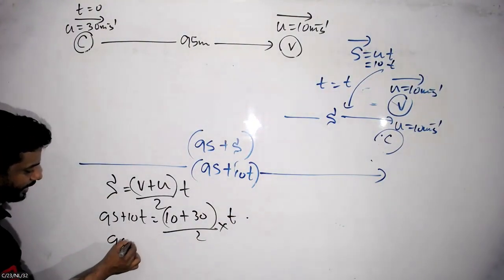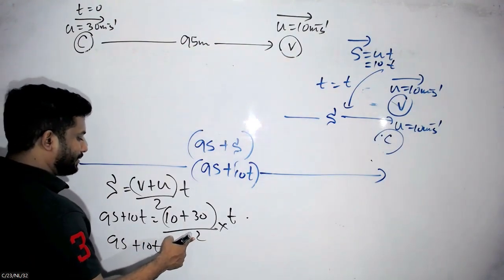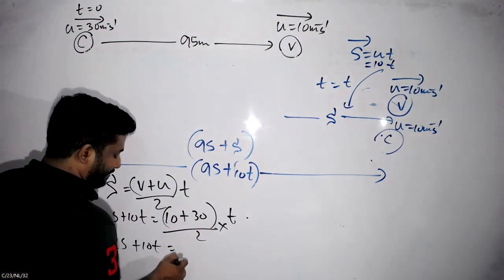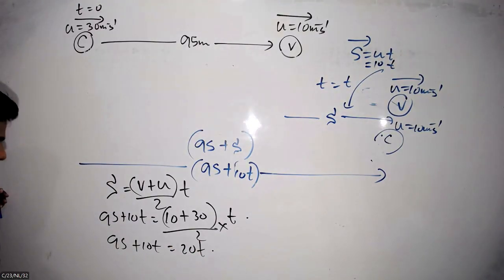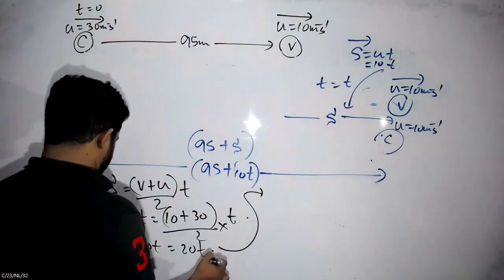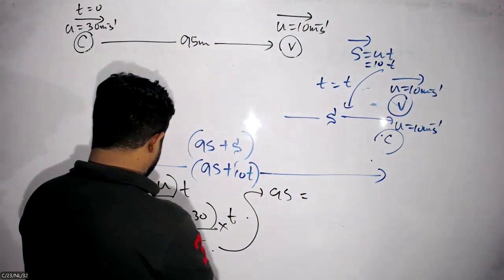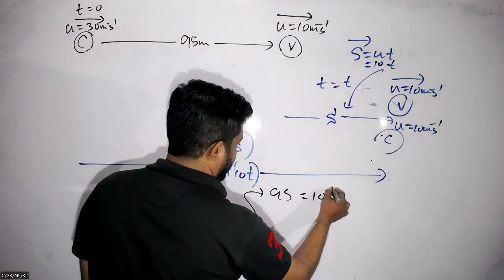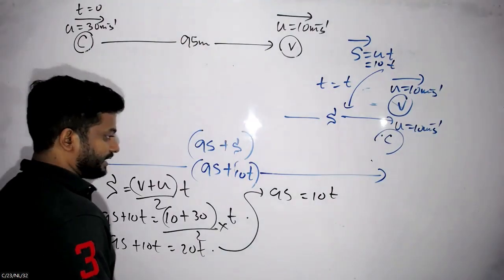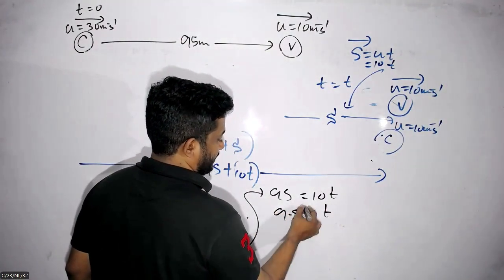Then 95 plus 10t equals 40 divided by 2, that is 10 plus 30 is 40, 40 divided by 2 is 20t. Then 95 is equal to 20t minus 10t. That means t is equal to 9.5 seconds.